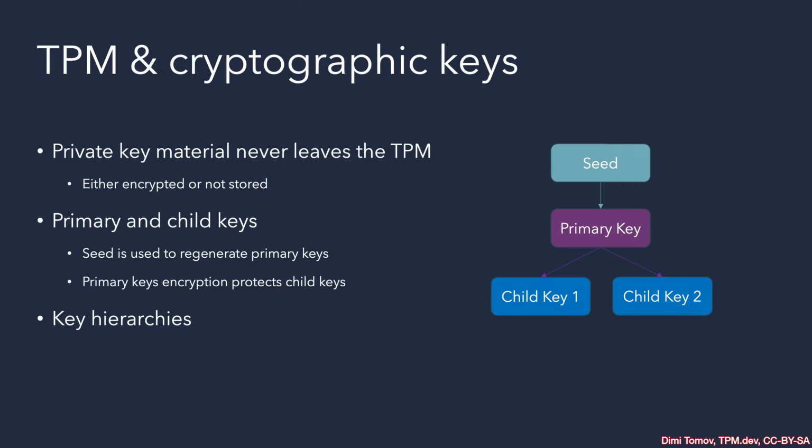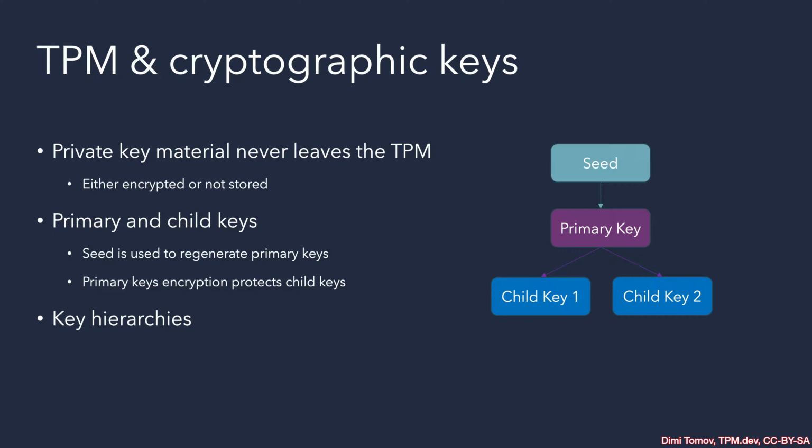There is an internal seed built into the TPM, put there by the manufacturer, and the TPM also allows the user or the TPM owner to provide additional seed, additional entropy, to the key derivation function, KDF for short. By using the same user entropy added to the internal seed, we can guarantee that we will generate the same primary key. The private material of private keys never leaves the TPM. We can only regenerate them.